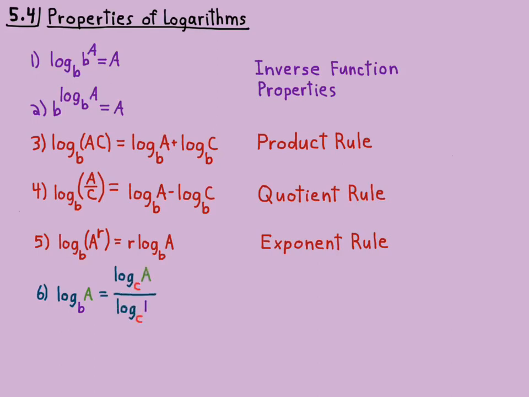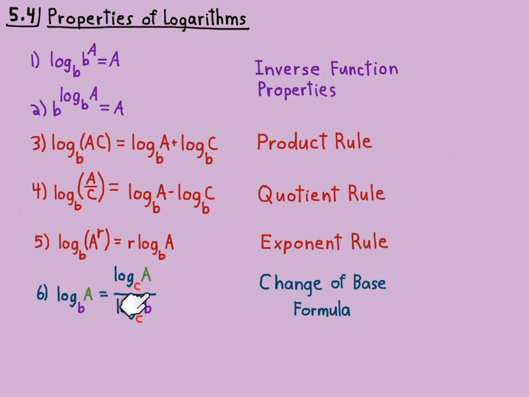And then the sixth one is what's called the change of base formula. So you'll notice on the left here we have base b, and on the right we have base c, a different base. Notice how this works. Log base b of a, you write in what you prefer the base to be, same thing, but you just change the b to something else.